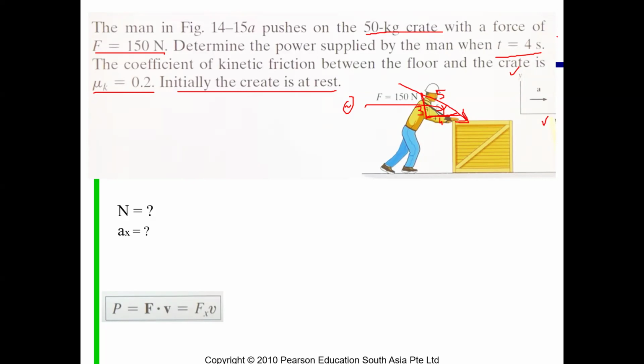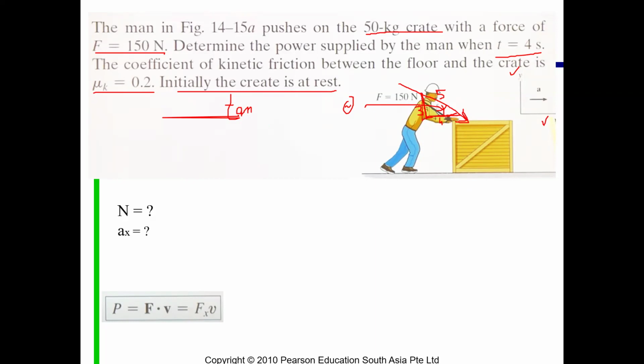Hamza, Hassan, Basil. Yes, Professor, how do we calculate the angle? Sin theta, cos theta, tan theta. You can use the cosine rule, Professor. The cosine rule, okay.